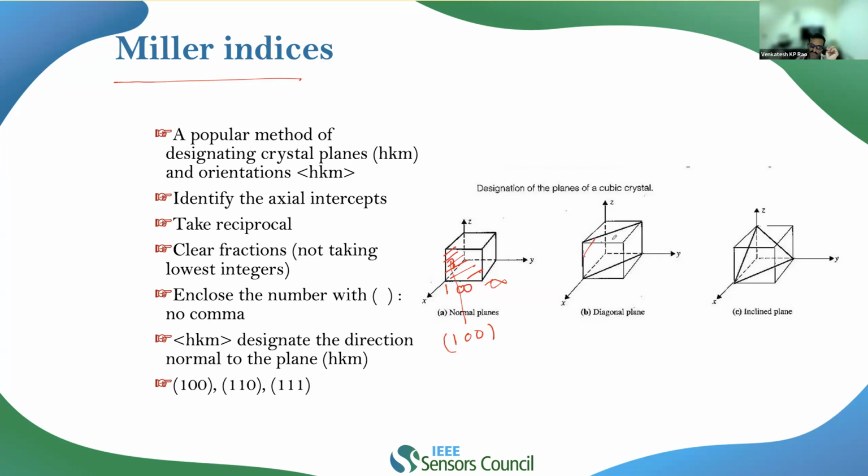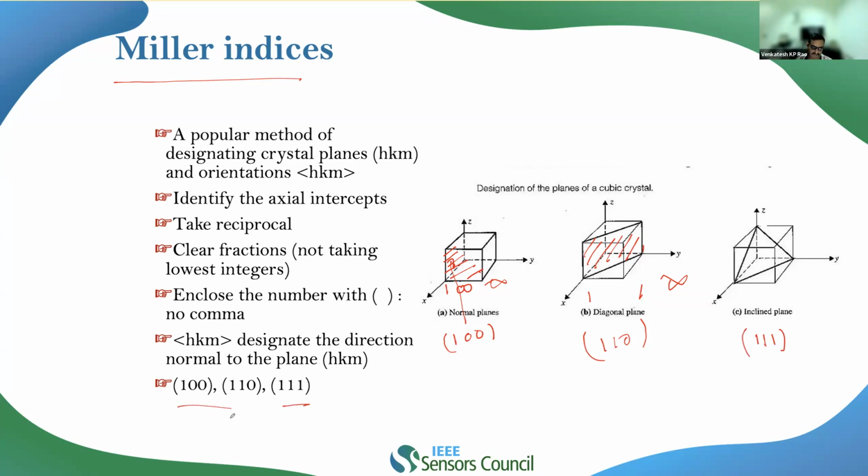On the other hand, if you take a diagonal plane, it will intercept the x-axis at unity, the y-axis at unity, and the z-axis at infinity, so you will get a 110 orientation along the diagonal planes. Similarly, whenever you take an inclined plane, that's a body diagonal, you basically get a triangular orientation.